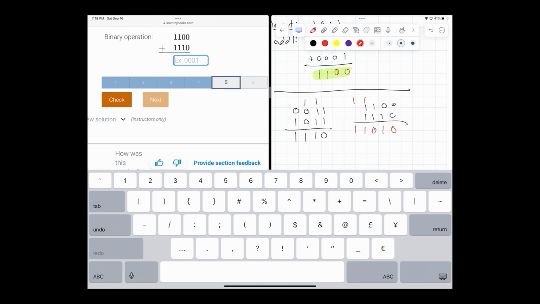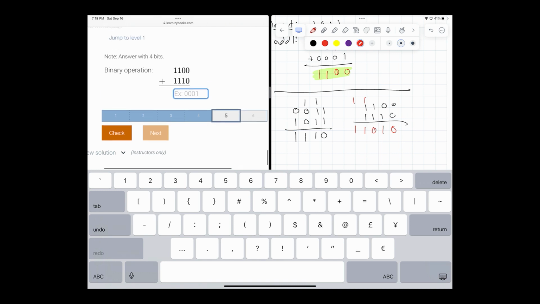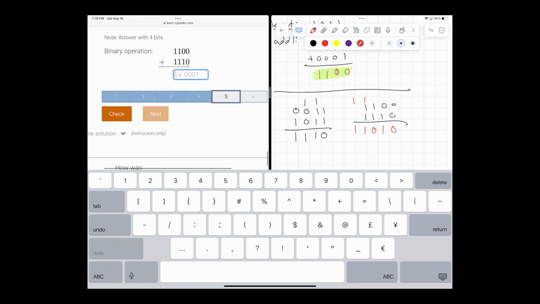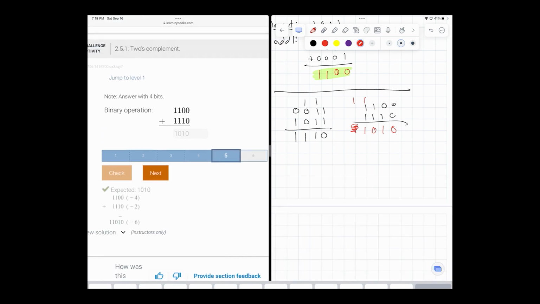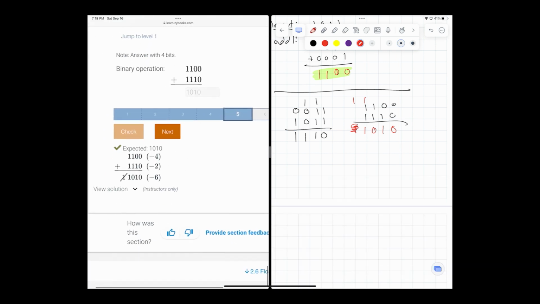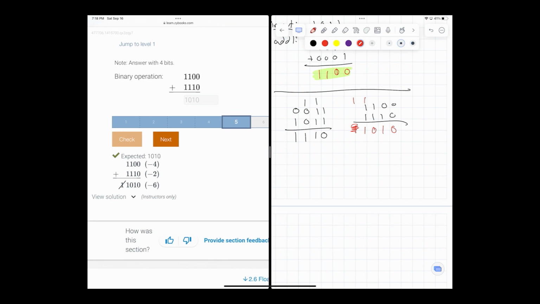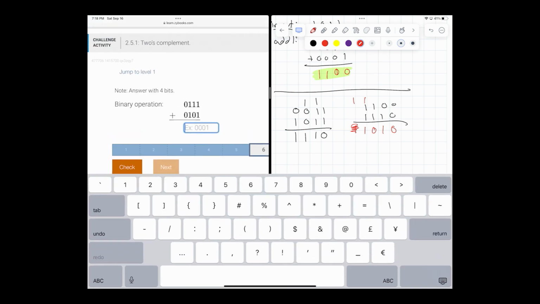So it would be 11010, but they say answer with 4 bits. So just throw away that first one. So 1010. Yep, and there you go. And that was -4 plus -2, and the result is -6, which is correct. Okay.